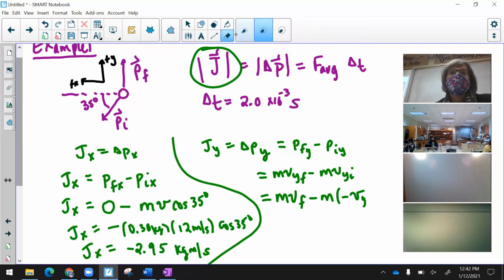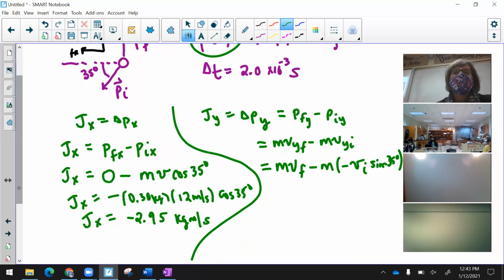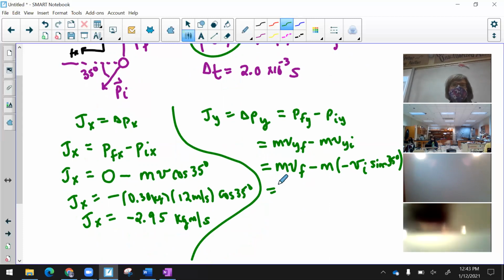Call it the initial. How do I make it into the y component? Sine 35, says Dagny. Okay. So I want you to pop all that into your calculator and let me know what you get.